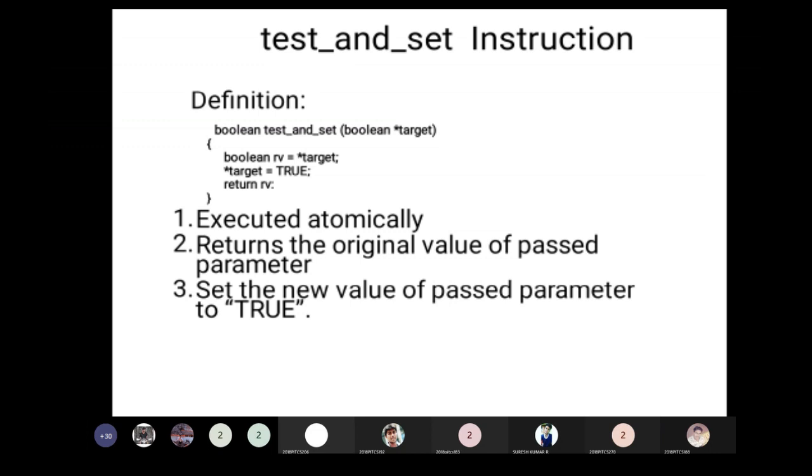Star target equal to true means you are modifying the value of the target. If it is passed as true, you are again assigning it as true inside the function. If it is passed as false, you are changing it to true inside the function. Return rv means the original value of target is returned.